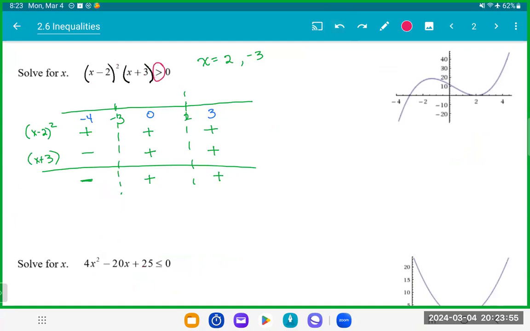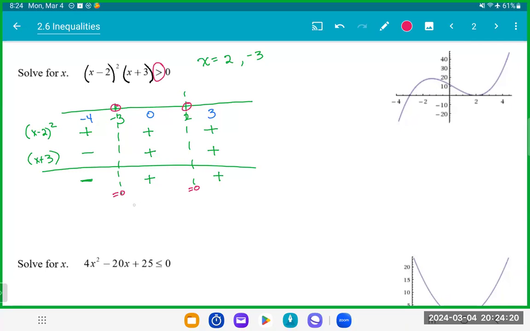It can strictly be greater than, right? So to be strictly greater than, that means I have to have a hollow on these because I cannot equal. I have to be greater than, okay? So for my intervals here, because here that's where I equal 0 at these, but I want to be greater than 0, okay?